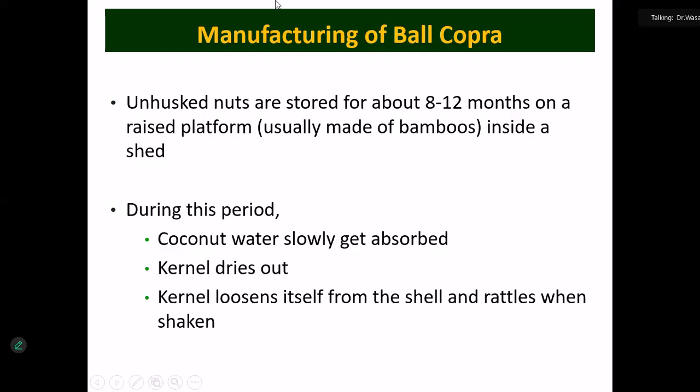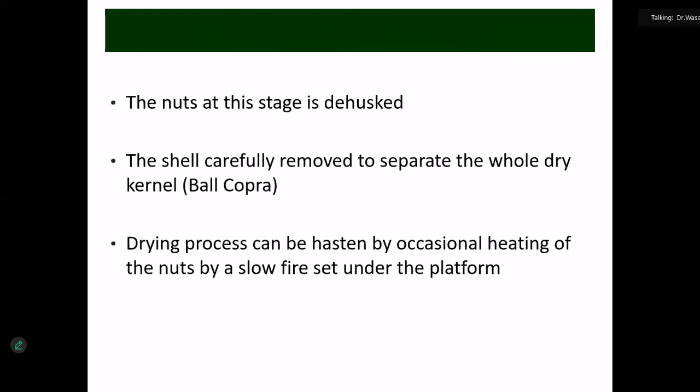Normally, once you keep coconuts for 8 to 12 months in a shed, the shell detaches from the kernel. Water is absorbed, the kernel dries out and loosens. When shaken, it rattles.